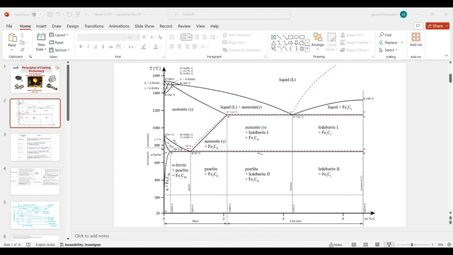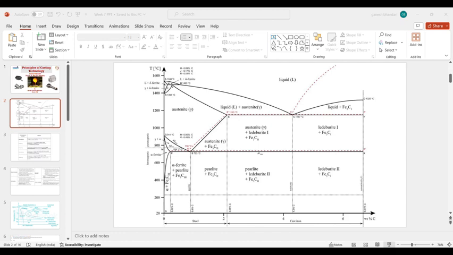In that temperature range your phase is not going to convert into austenite, but you are providing sufficient time for the iron carbide present in the system to diffuse out of the sample. After the iron carbide breaks down, it converts back into iron and carbon, and that carbon converts into graphite, spheroidal graphite.